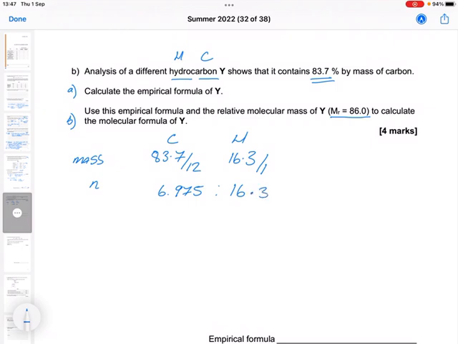If I now divide through by the smallest, which is my carbon, so divide through by 6.975, divide through by 6.975.